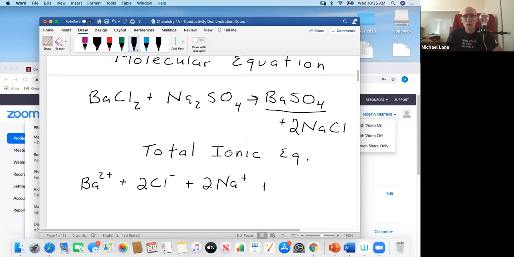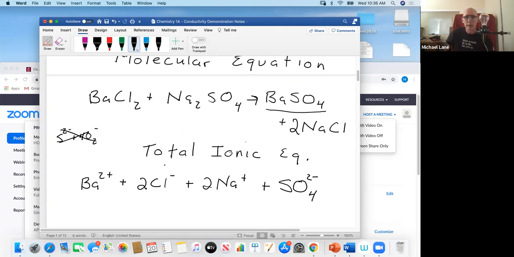And we do not write the oxyanion or the ternary anion or the polyatomic anion, however we might want to refer to this, as something like this, right? That would be absolutely incorrect. The SO4, the sulfate, stays together.